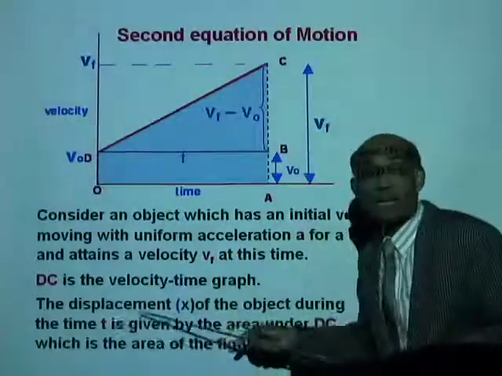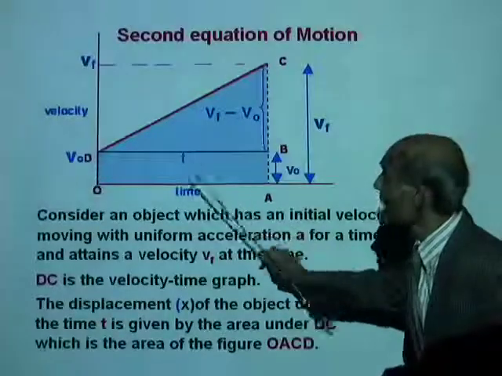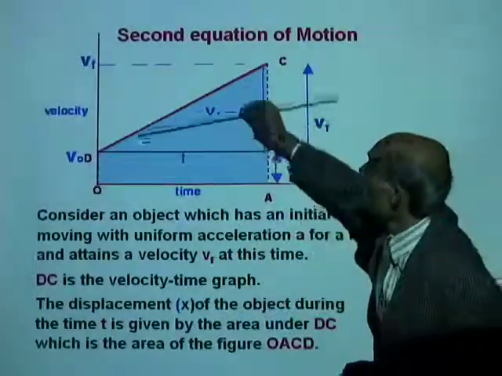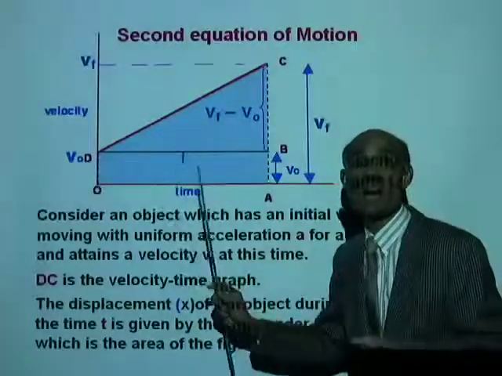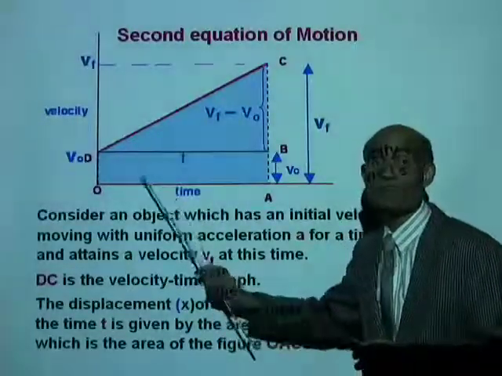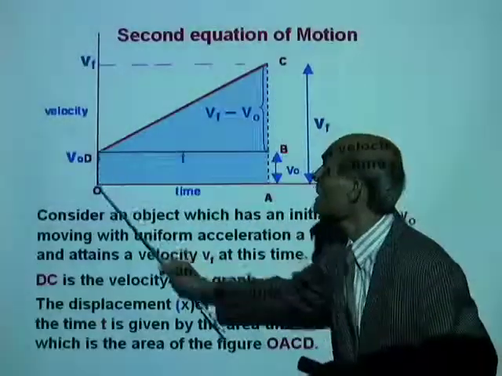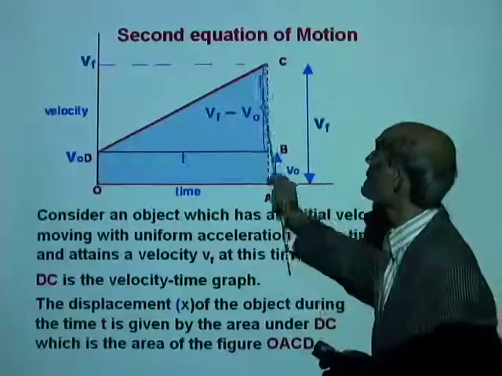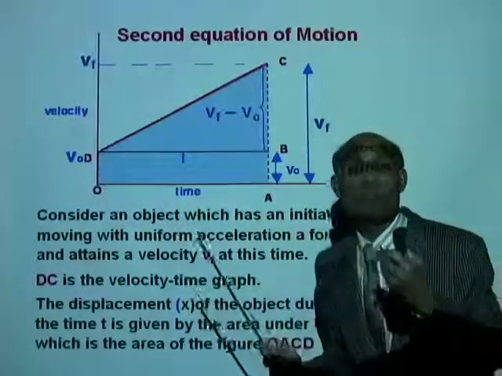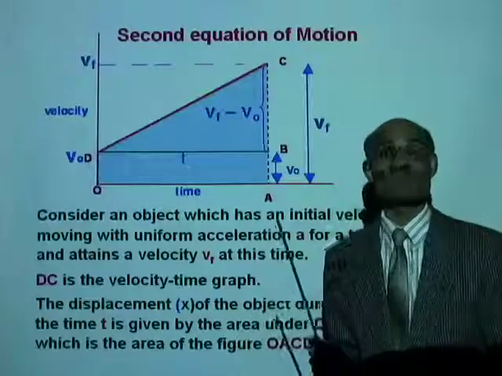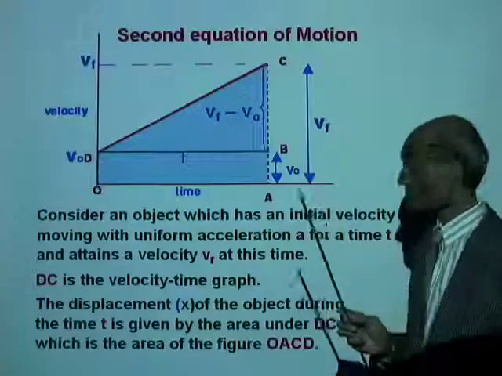The displacement x of the object during this time t is given by the area under that graph. In other words, if you can now measure the area of this shape OACD, the area of this figure OACD is a measure of the displacement of the object. Can you tell me what that area is?